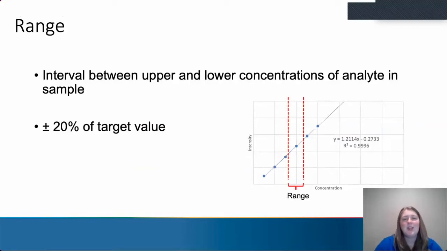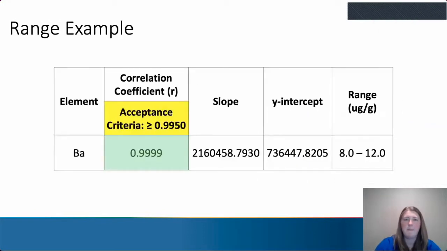This is going to be the interval between the upper and the lower expected concentrations of the sample. Typically, this is set at plus or minus 20% of your target value. In the barium example, the expected concentration is 10 ppm, so the range here is going to be 8 to 12 ppm using the 20% specification.